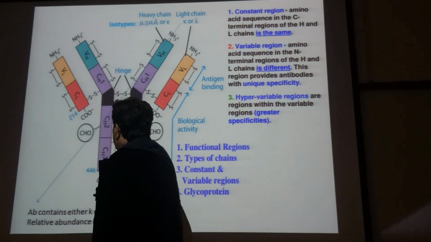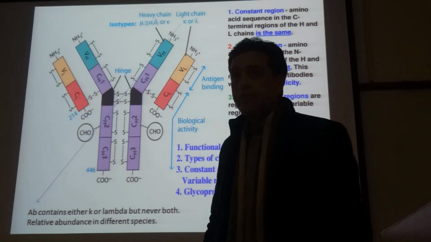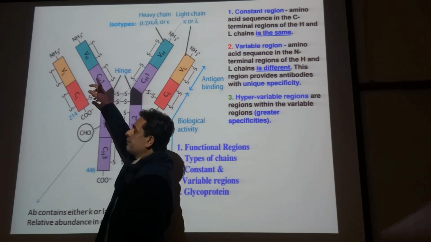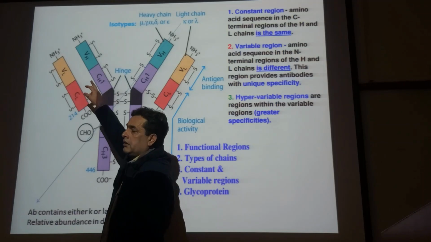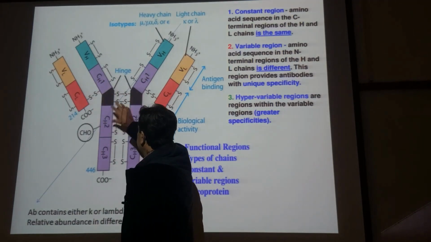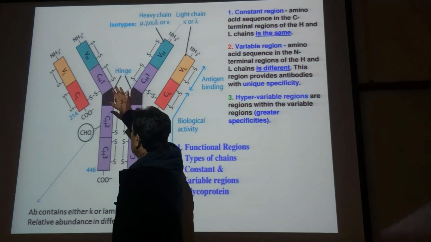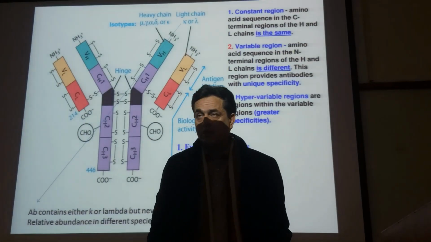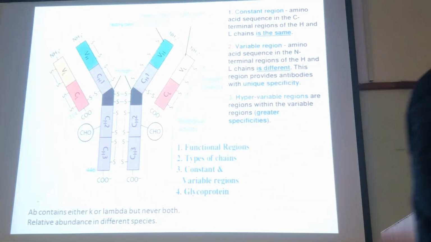But in the case of the heavy chain, you see that there is a single variable heavy chain in this polypeptide, and there are multiple constant segments.